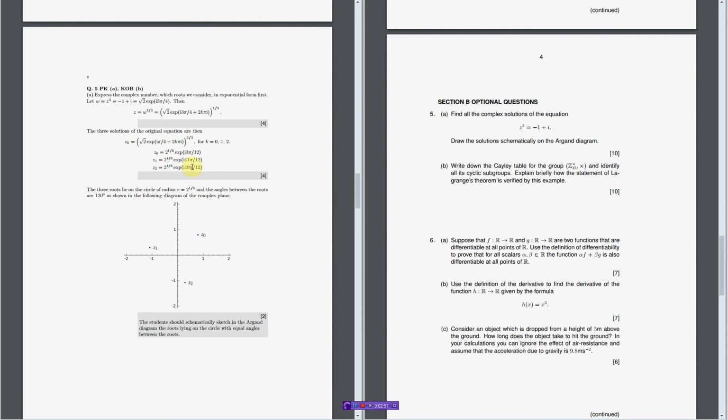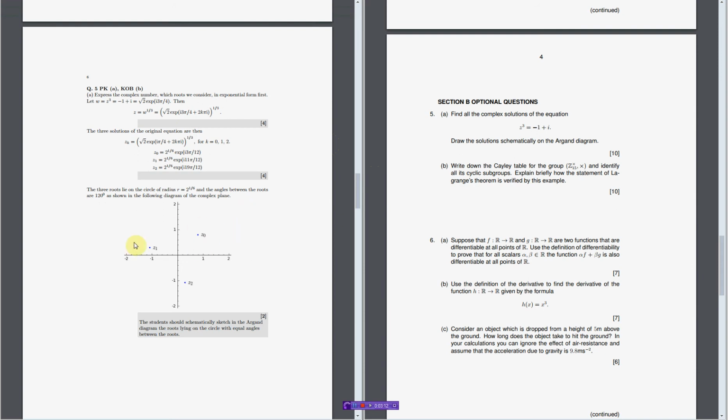So those are our 3 solutions there, expressed in polar form. There was no particular requirement to express them in Cartesian form. It wasn't asked for, so we won't do that here. And then these 3 roots will lie on the circle of radius equal to the modulus, the 6th root of 2.